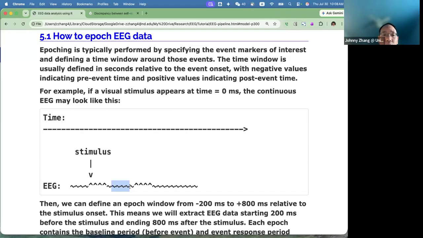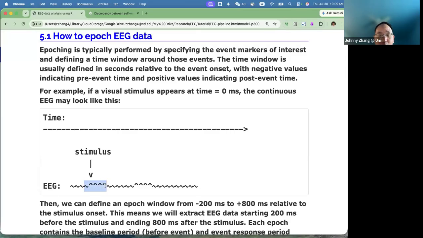Therefore, epoching is to select a part of the signals from all the signals to do the data analysis. Oftentimes we select the signals right before the stimulus and some time after the stimulus. For example, we can define an epoch window from negative 200 milliseconds to 800 milliseconds, which means 200 milliseconds before the stimulus and 800 milliseconds after the stimulus.